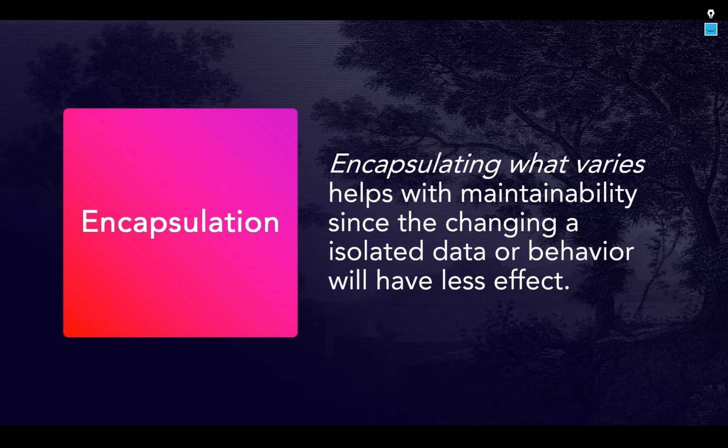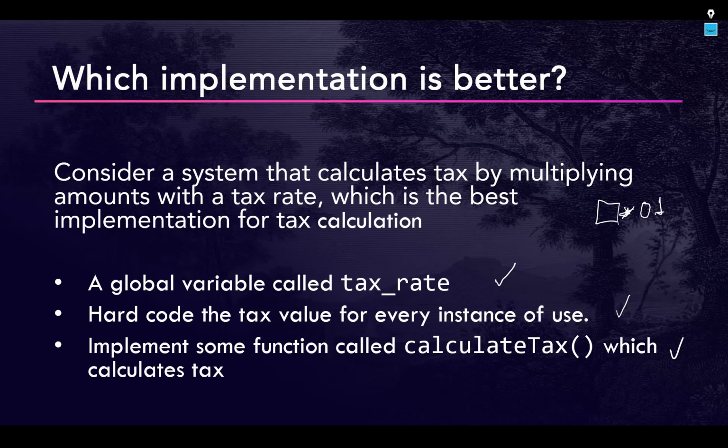And you can sort of guess which one of these three is most effective, and you can sort of eliminate which ones you know are bad practice. For example, hard coding the tax value for every instance of use.